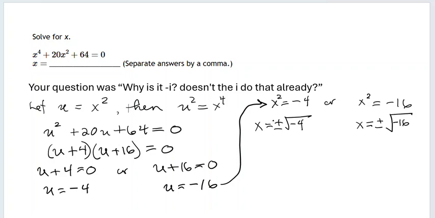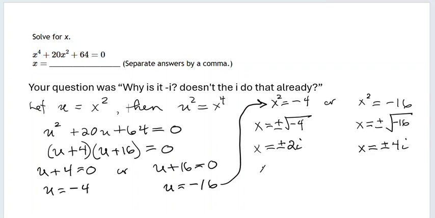Remember, what we're doing at the step right here is we are taking the square root of both sides. So notice, therefore, we end up with 2 solutions for this one: I get plus or minus 2i. And over here, I get x equals plus or minus 4i.